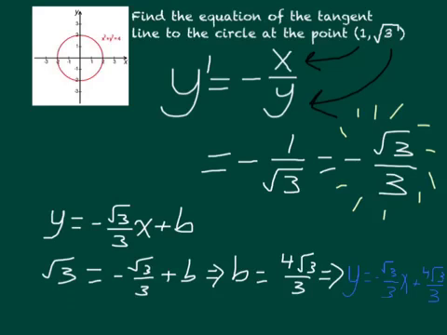Okay, there's my tangent line. I've basically done exactly the same as I've done every time. I've been given a graph, not a function this time, and I've been asked to find the tangent line. Found the derivative, plugged in the point, found the slope. That's it. So you need to have this example written down.